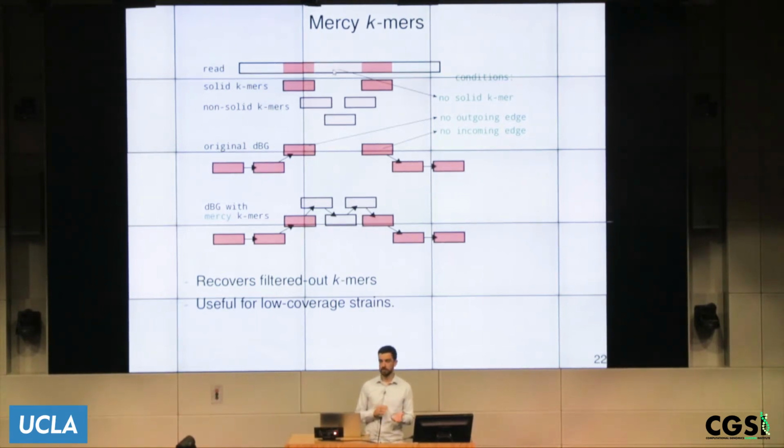When I say solid or non-solid, it means passes the abundance threshold or doesn't pass it, so the k-mer is not seen enough in a data set. When some of the k-mers are not seen enough, but some reads can still rescue them, then the mercy k-mer approach does what you expect. It inserts those k-mers back into the graph in order to reconstruct connections between two components. That way it's possible to assemble very low abundance genomes because some parts are supported by solid k-mers. So that's a neat trick.